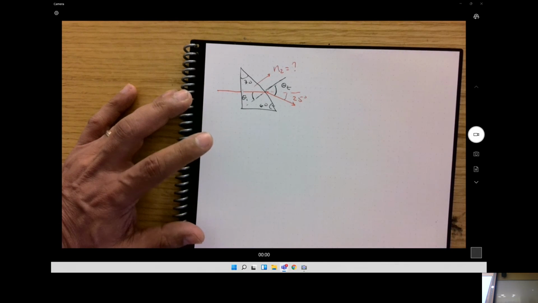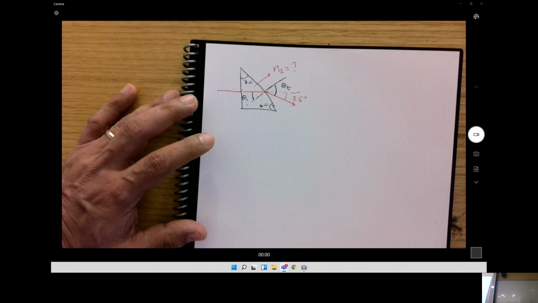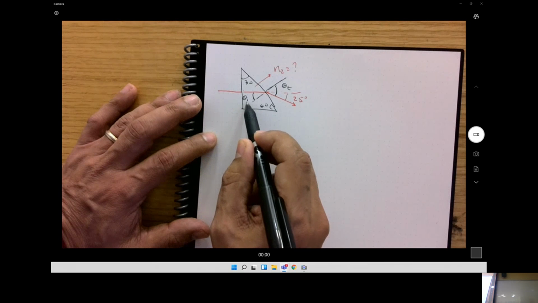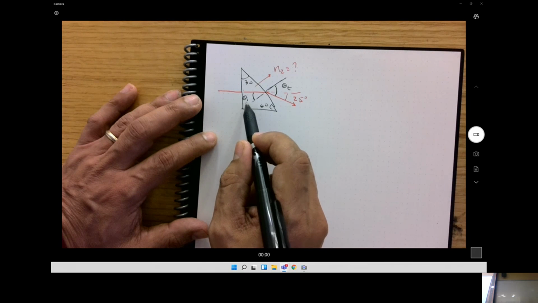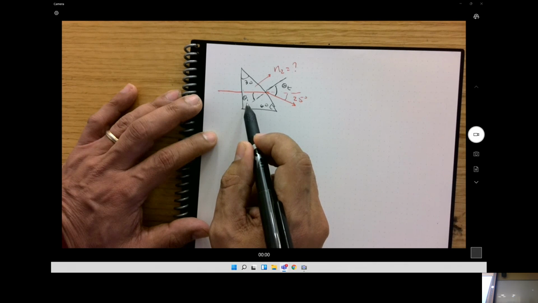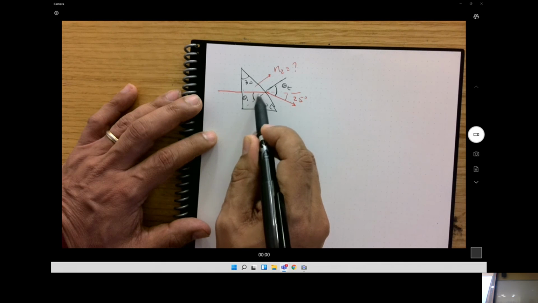I'll give you a couple of minutes, try to find out what is this angle of incidence. Just write it down, don't do any calculations, just, can you tell me what is that angle of incidence? Andrea? Yep, just this angle, what would be this angle?